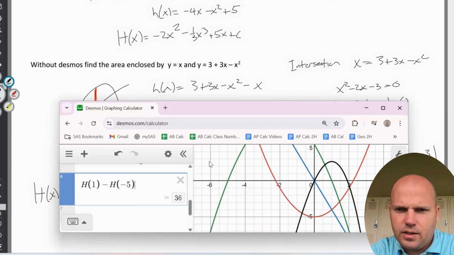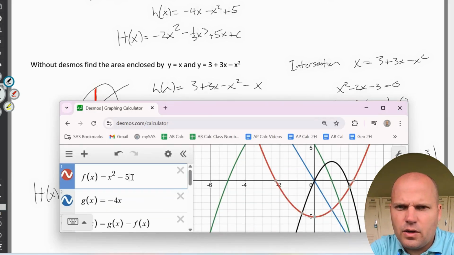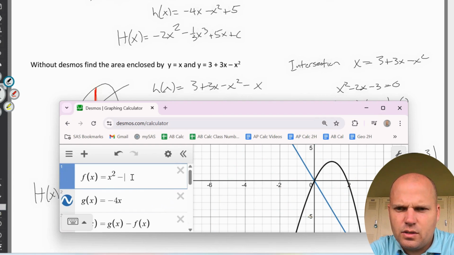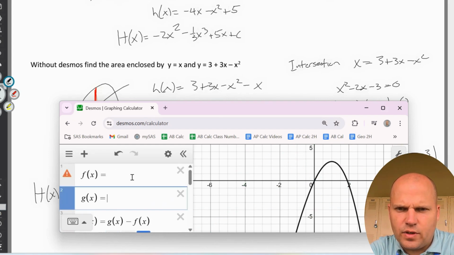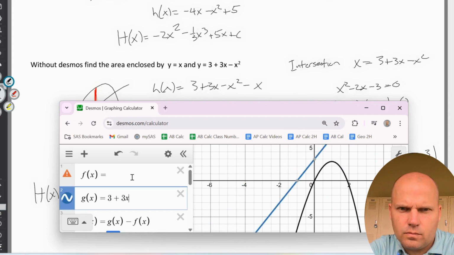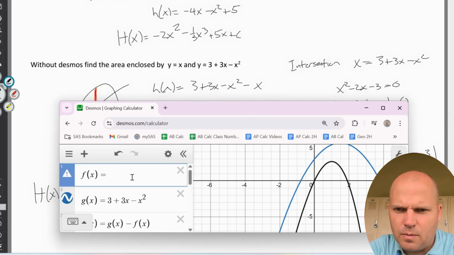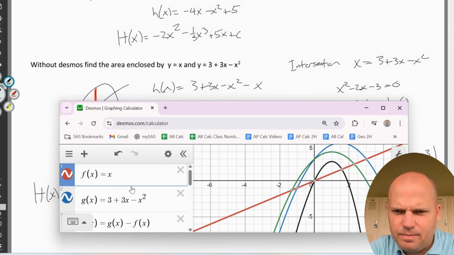I'm going to double check. Here the top was the quadratic, so that goes over here. It's x. Cool. Top minus bottom, g minus f.